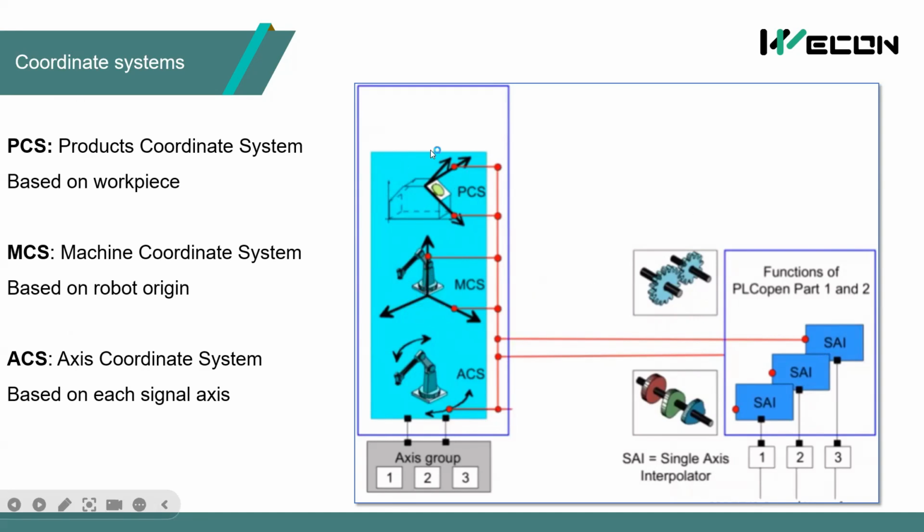When we select different coordinate systems and set the target position, the PLC will process this location and control each single axis to do the interpolation.